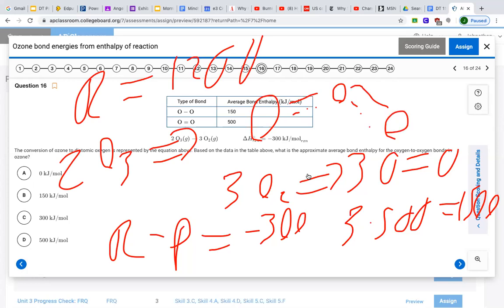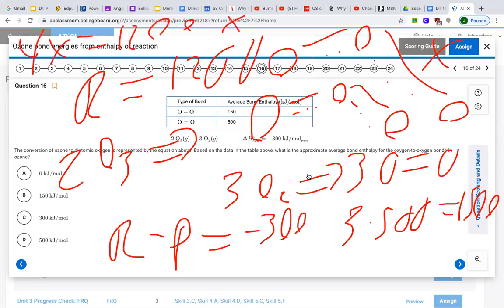And you got this times two, so then you've got another O, O, O, O. So you got four of these things, right? Okay, so let's call this x. So 4x equals 1200. So x equals 300. So I'm going with that. I'm going with C.